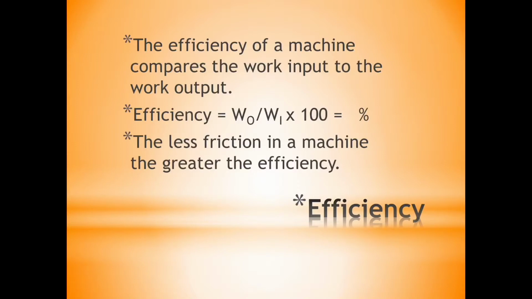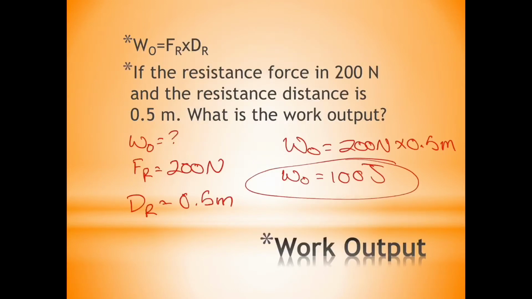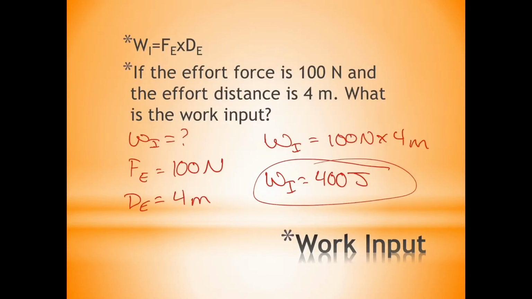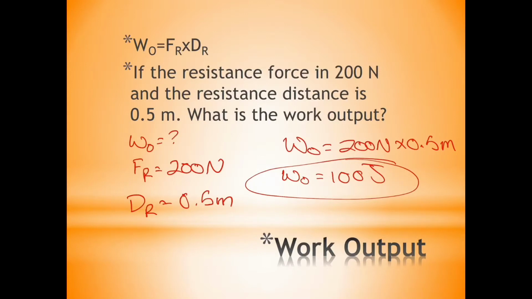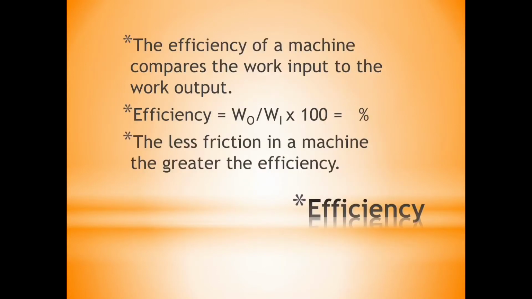All right, so we're going to use the work output and work input from the 2 previous practice problems to figure out the efficiency of this machine. So our work input was 400 joules. Our work output was 100 joules. So we need to put those in our efficiency equation.